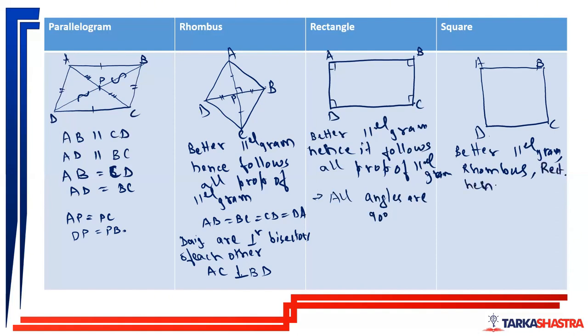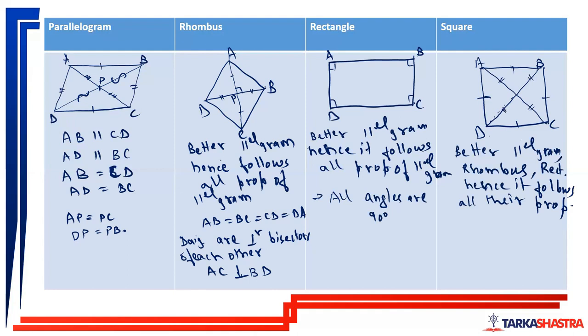Hence it follows all their properties. Like opposite sides are parallel, opposite sides are equal. Diagonals are bisectors of each other. These are the parallelogram's properties.